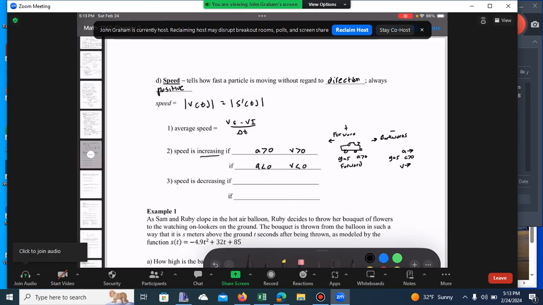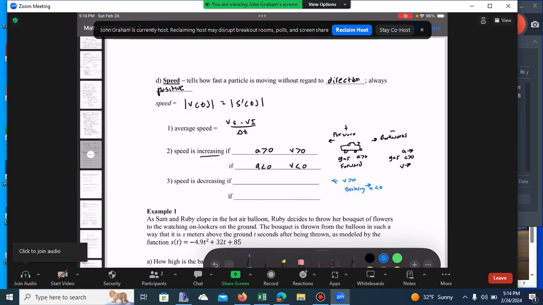Notice that whenever the acceleration and velocity match signs, both positive or both negative, that's when you're increasing speed. Now, you could be going forward, the velocity is greater than 0, and braking, so acceleration is less than 0, it's the other direction, and so you're decreasing speed.